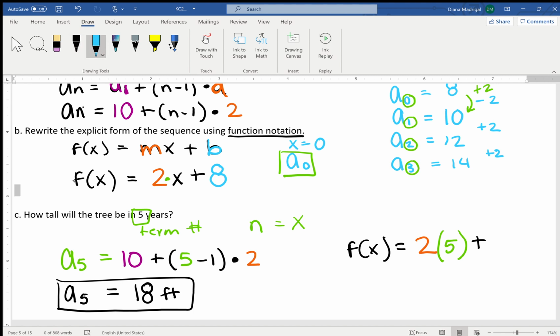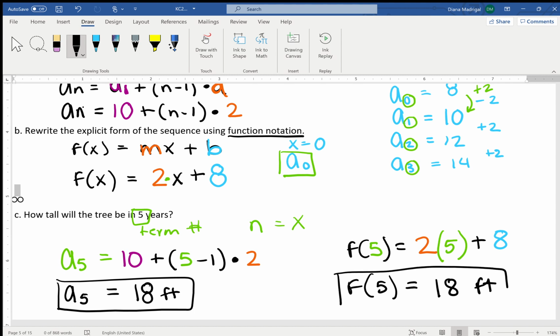Once again, all I'm going to do is put this on the calculator. 2 times 5 plus 8 is going to give me 18. F of x, sorry, I should have put 5 here because x is 5. There you go. So f of 5, a function of 5 years, will be 18 feet.